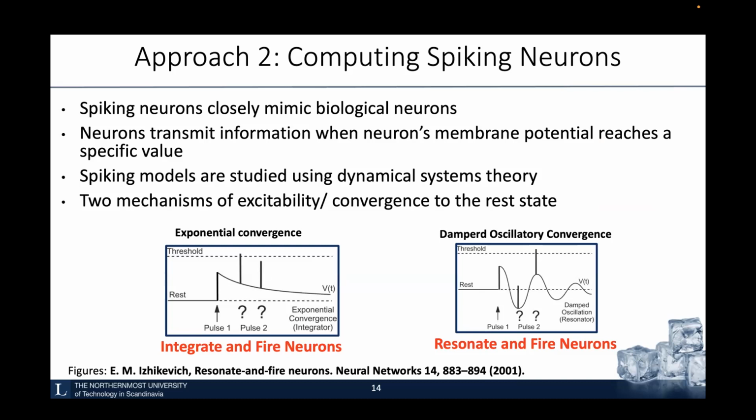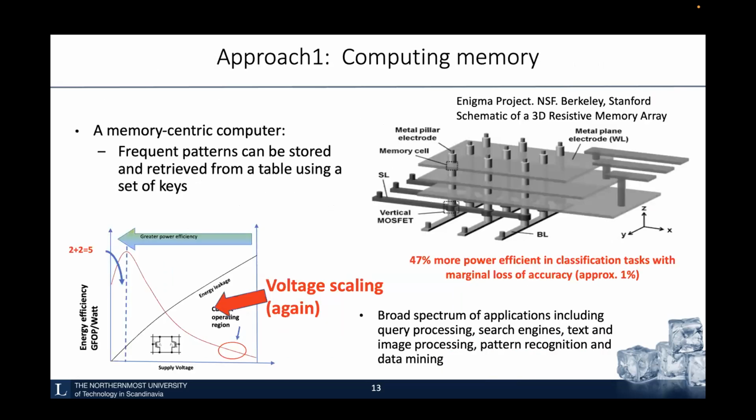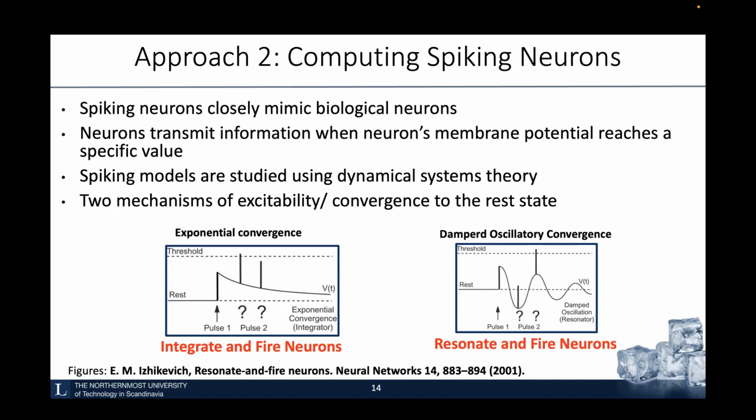This type of hardware is normally referred to as neuromorphic, meaning hardware that mimics the behavior of biological neurons. So those are probably the two main branches of alternative computing hardware tailored to machine learning or AI functionality.